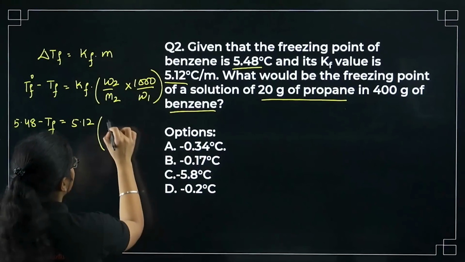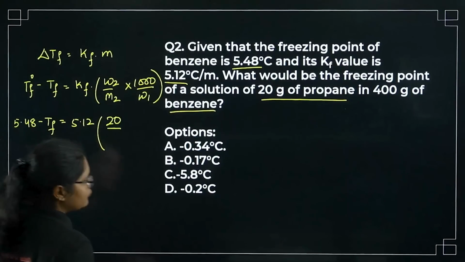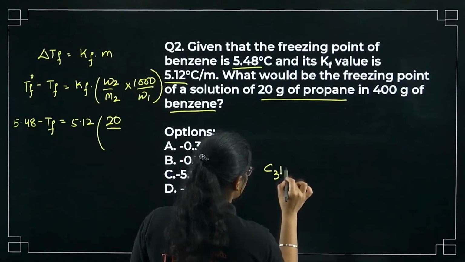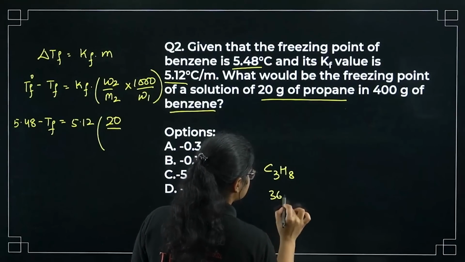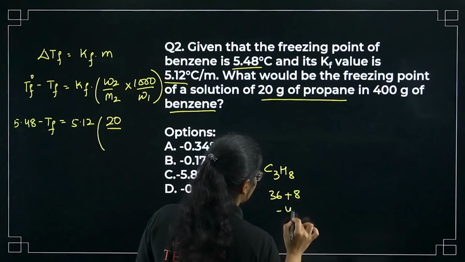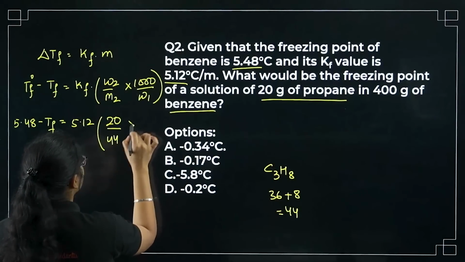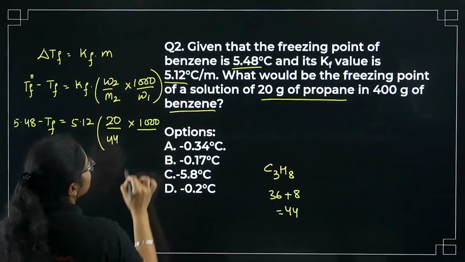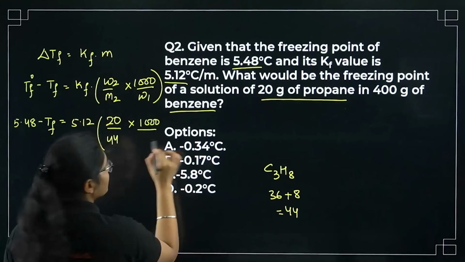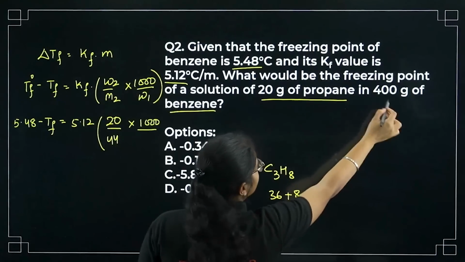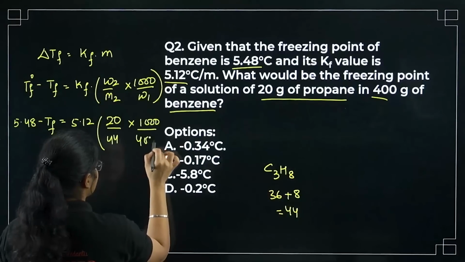W2 is 20 grams divided by M2. So it is C3H8, right? 36 plus 8, that is 44. So 44 into 1000 by W1, that is 400. Oh sorry, benzene is 400 grams.